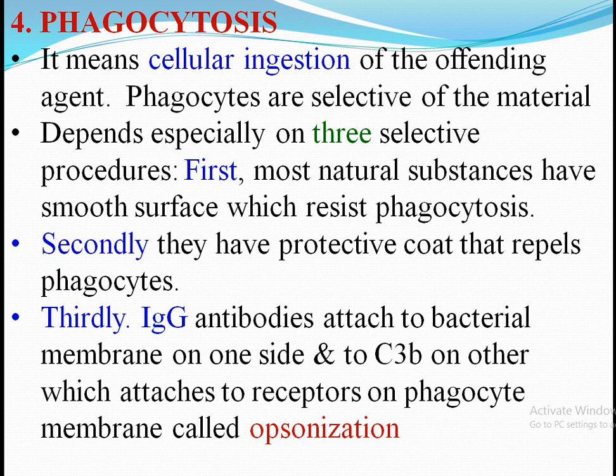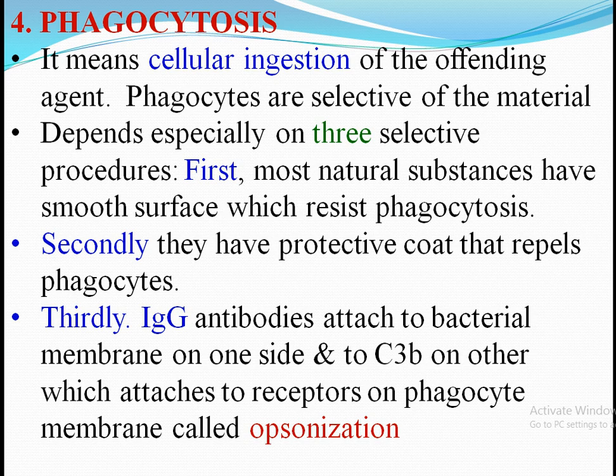So in the end, now they come closer to the infective site to engulf the infective agent. At this stage we are going to discuss phagocytosis. It means cellular ingestion of the offending agent, infective agents.